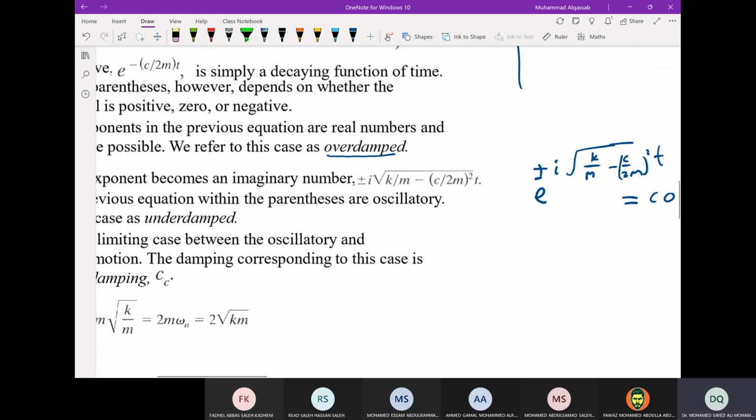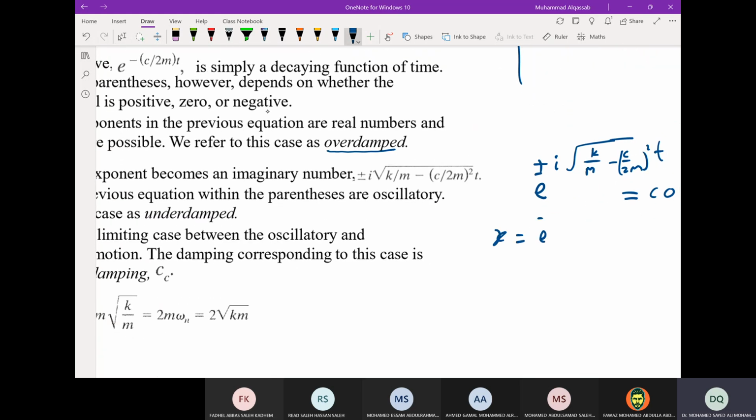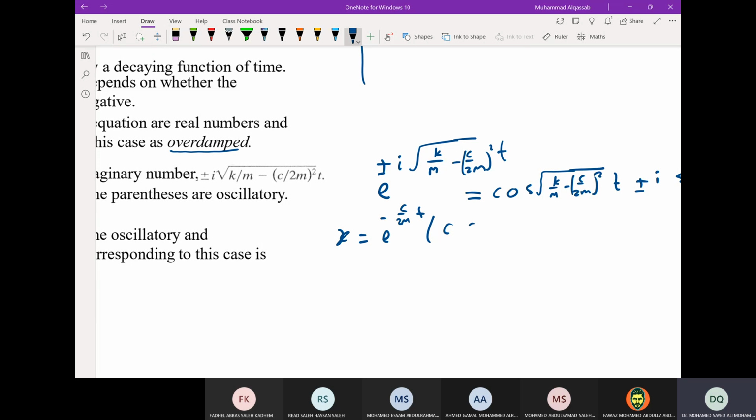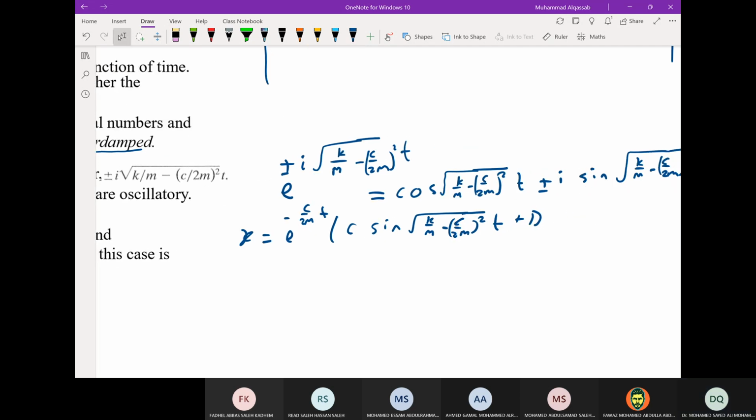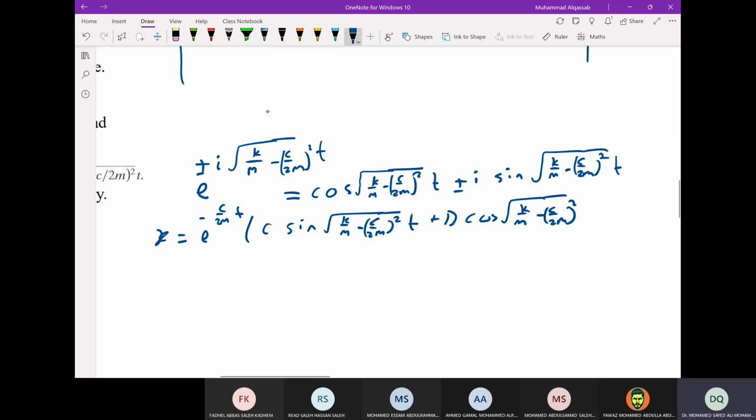So the result will be x equal to the same exponential function outside, which is e to the minus c over 2m times t, multiplied by c times sine of the square root of k over m minus (c over 2m) squared times t, plus d times cosine of the square root of k over m minus (c over 2m) squared times t. Multiplying i by a or by b gives you maybe real, so c and d are just constants.